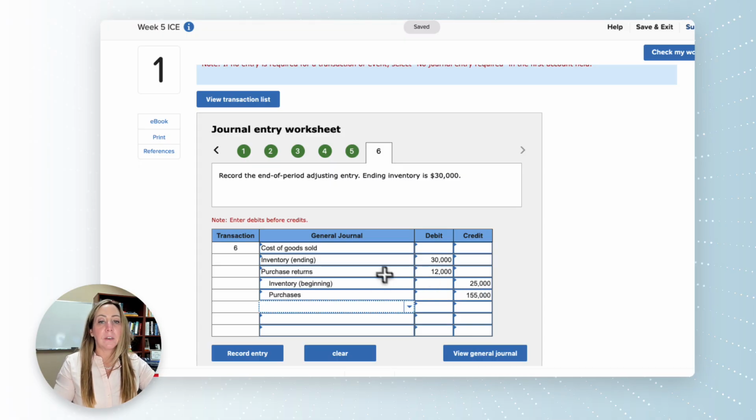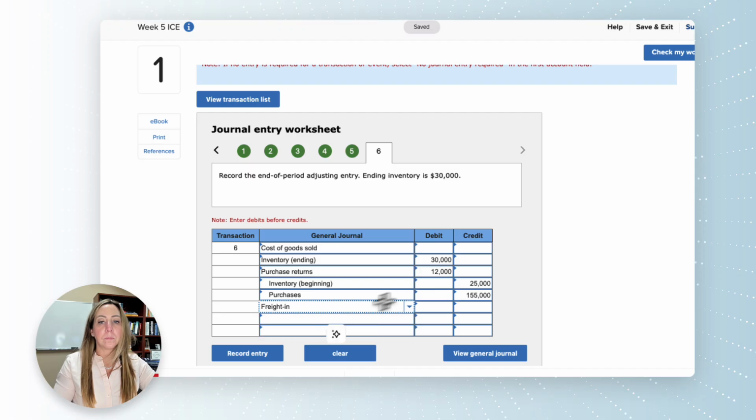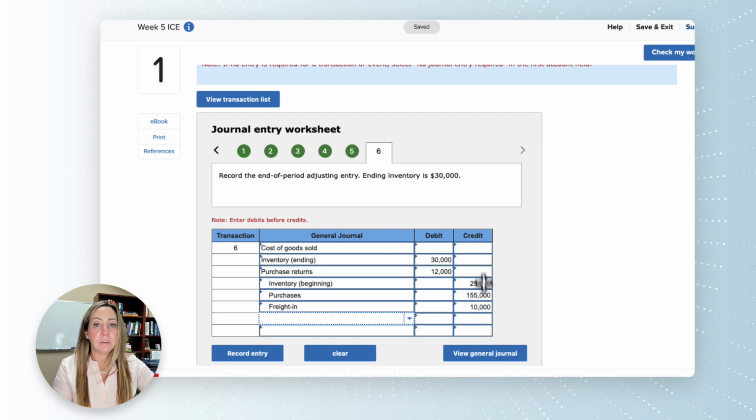And then our final credit is to that freight account, freight in, because we had debited that account for $10,000 and we're going to credit that. So now if we just do some simple math, we've got an amount here in the credit balance and debit balance, and to balance all of that out, just plug this in and you'll get $148,000 to complete the periodic journal entries.